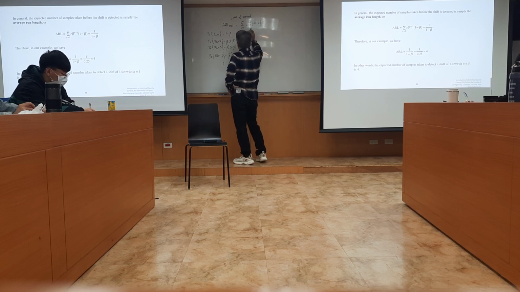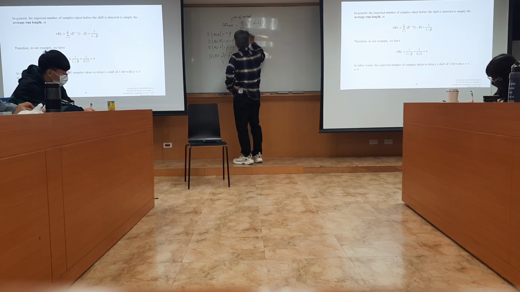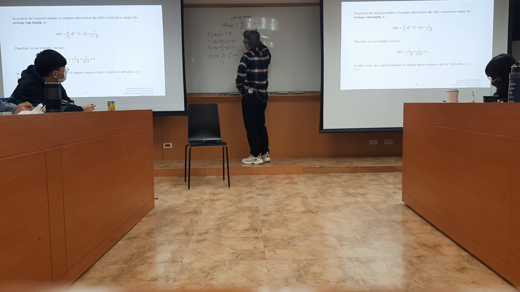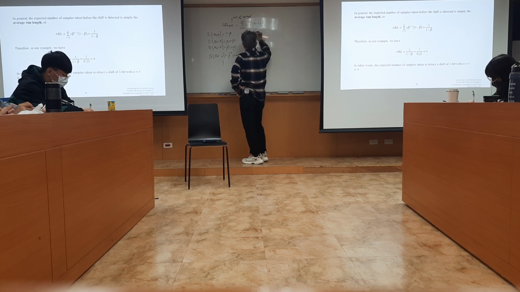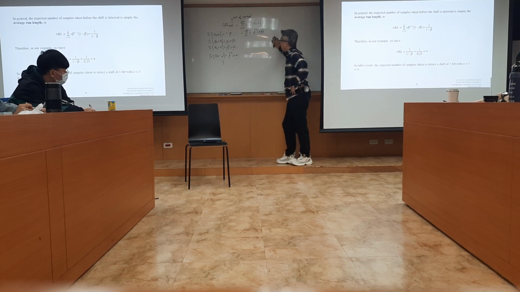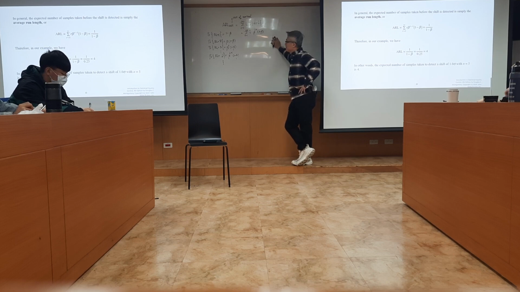That is, the sum from i equals 1 to infinity of i times beta to the i minus 1 times 1 minus beta. Is that correct? Yes.